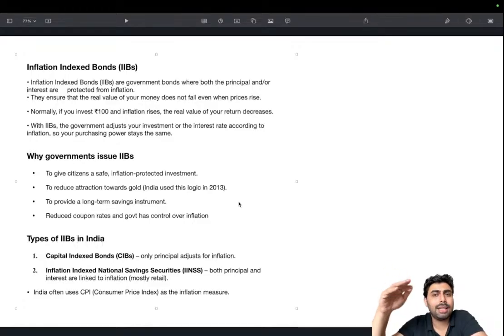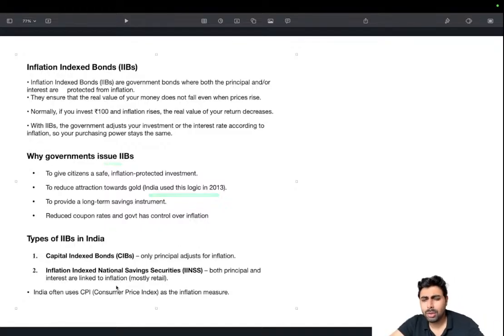Its price rises and it can beat inflation. So in order to attract those customers, which India has a lot, government can issue these inflation index bonds that could provide similar benefits, and government can borrow from them and use that money to invest in the economy. So that's one way inflation index bonds are used, and this was used in 2013 actually.